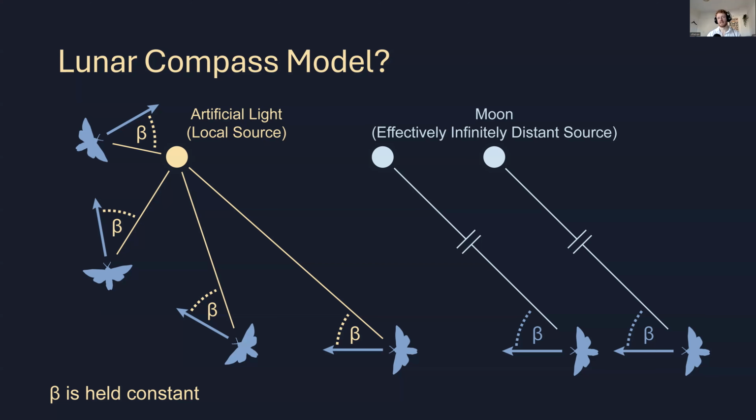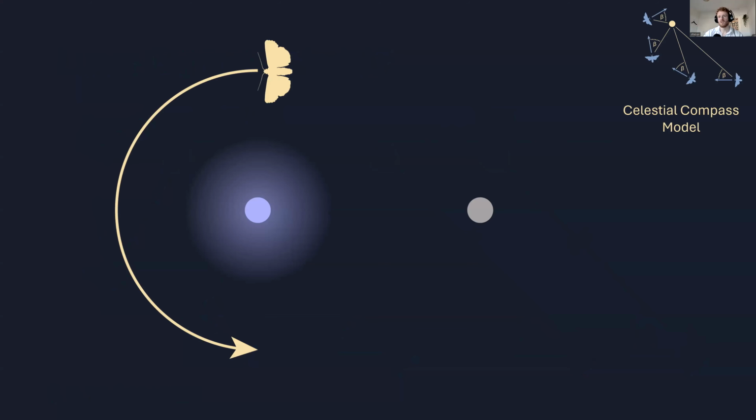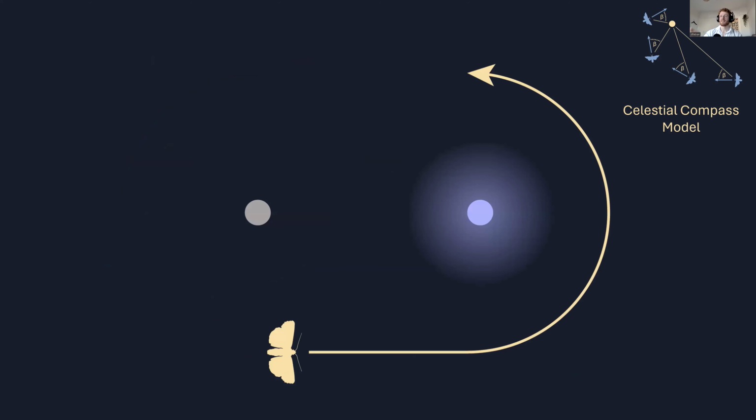The question really is, do they treat artificial sources of light as the moon? Do they try to hold a kind of fixed angle, and that leads them in a spiral that should go in towards the center? One of the ways in which we tested this was the idea that as the insect is traveling in a circle repeatedly around a bulb, we should expect, if we switch to a new bulb, the insect should continue circling in the same direction.